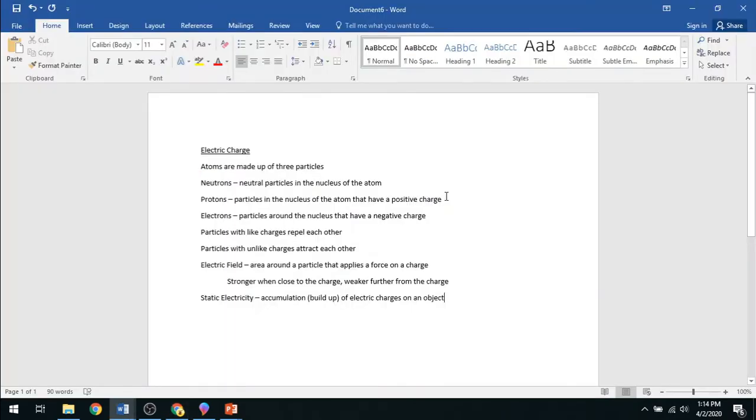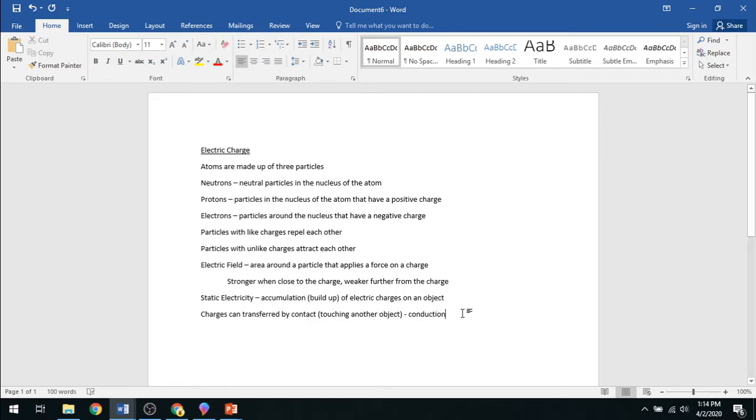So we can transfer charges. So I'm going to say charges can be transferred by contact, touching another object. Okay, and sometimes this is called conduction.